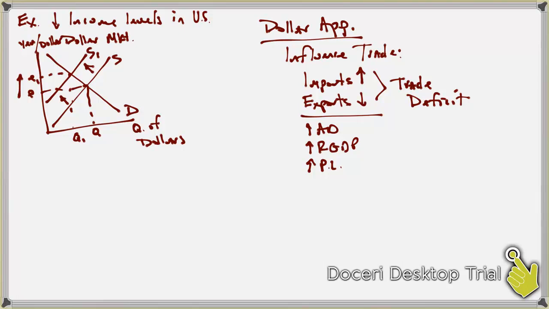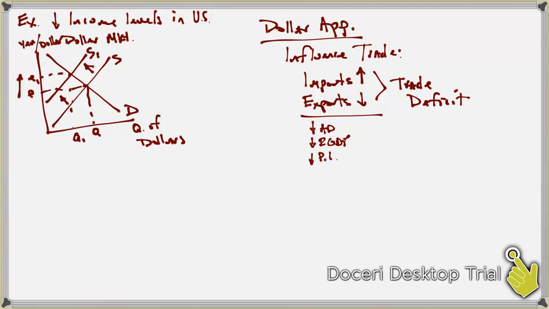Oh, yeah, you're right. Wow. Decrease AD. Just keeping everybody on their toes, that's all. Decrease real GDP. At least we know Ryan's ready for this. And decrease price level.